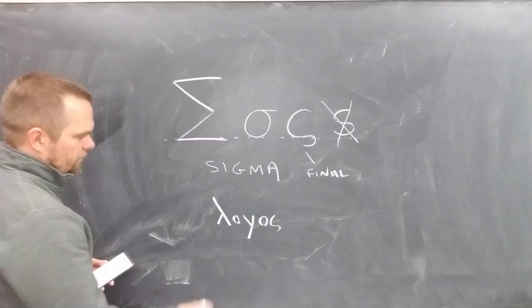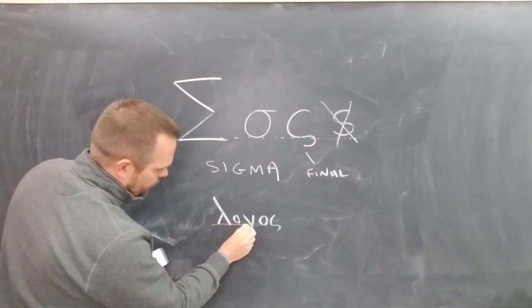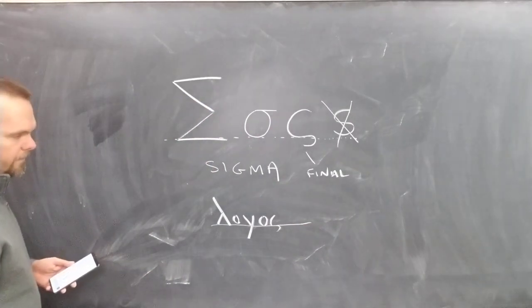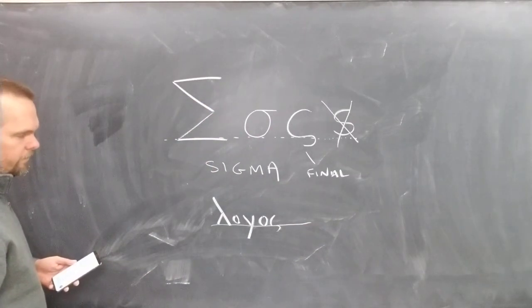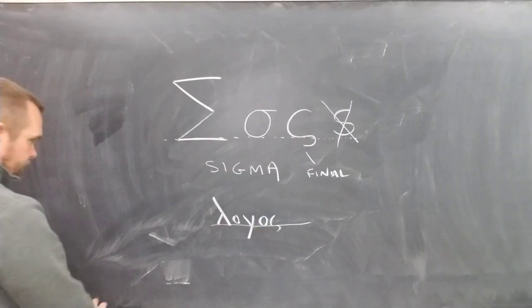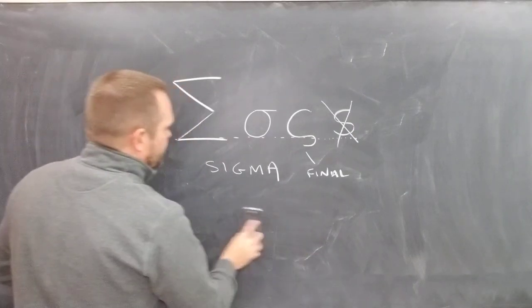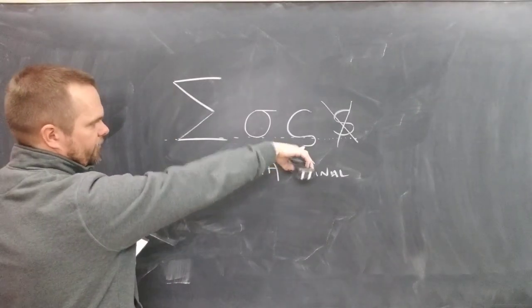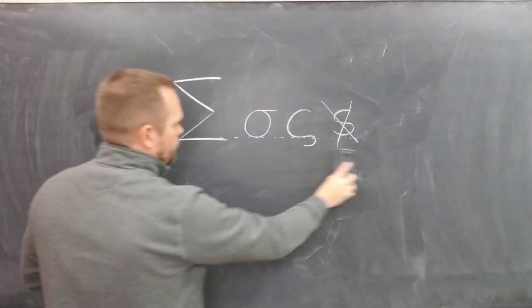That's the final sigma. So if there was a line under this word, it would be written like that. Logos. Okay, you see the final sigma. So that's sigma. Uppercase sigma, lowercase sigma, final sigma.